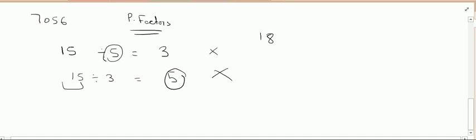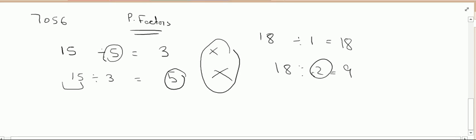Likewise, factors of 18 are what? 1, because 18 divided by 1 is 18. 18 divided by 2 is 9. 18 divided by 3 is 6, and so on. Factors have a condition that they leave 0 remainder. There is no remainder left.